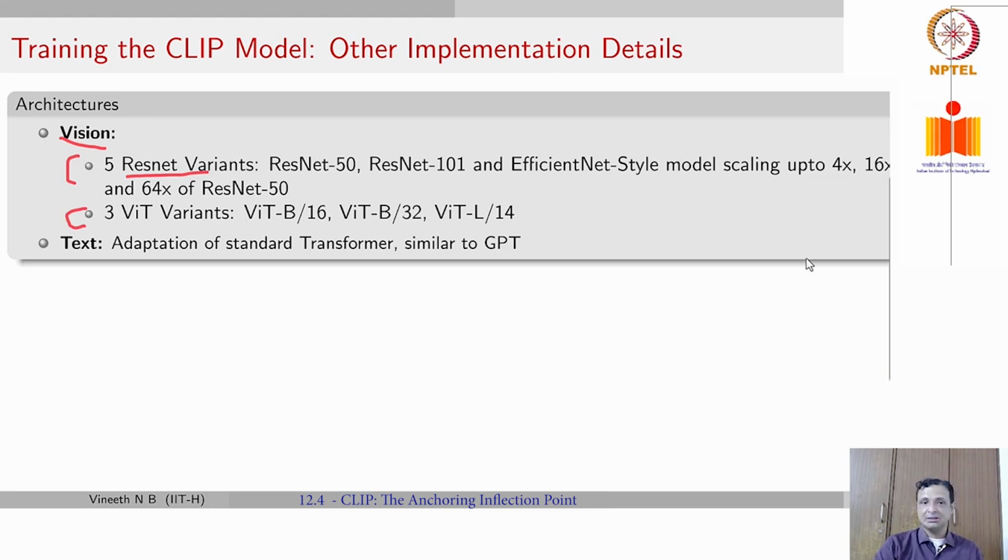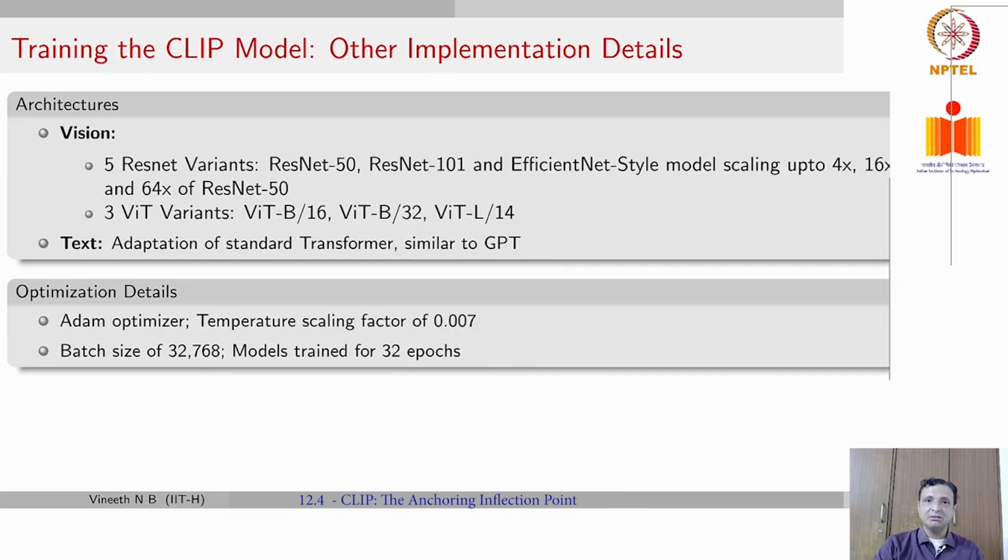With ViTs, they used the base model ViT-B/16, ViT-B/32, and they also used ViT-L/14, which is the largest model. Recall that when your patch size becomes smaller, the model becomes bigger in ViTs. And for the text encoder, they used an adaptation of the standard transformer similar to the vanilla GPT.